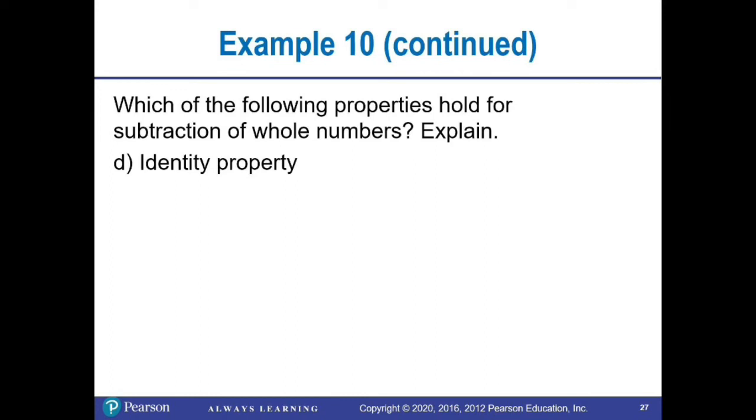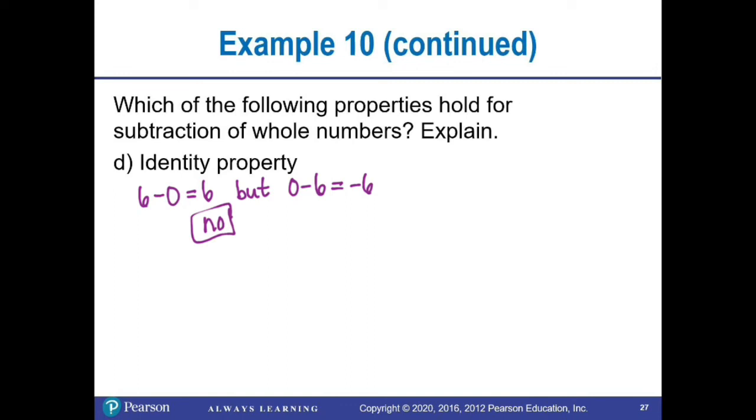So let's see if this holds for subtraction. Well, 6 minus 0 is 6. We're off to a great start. But with the identity property, I also have to reverse the order and still get 6. But 0 minus 6 is not 6. It's negative 6. And so here, our identity property does not hold for subtraction of whole numbers.